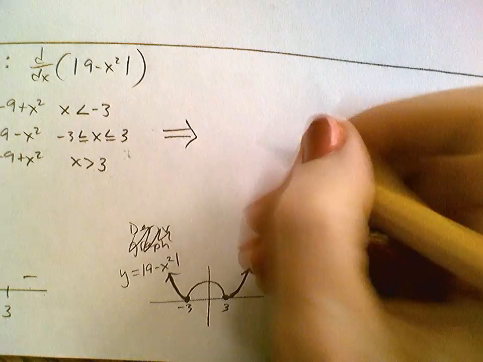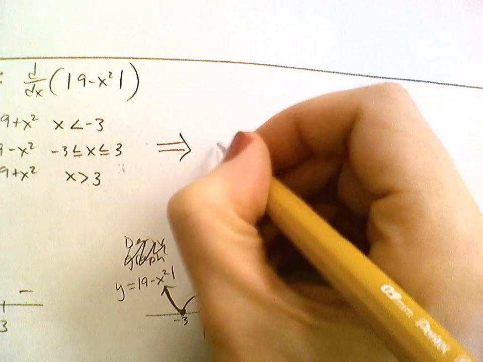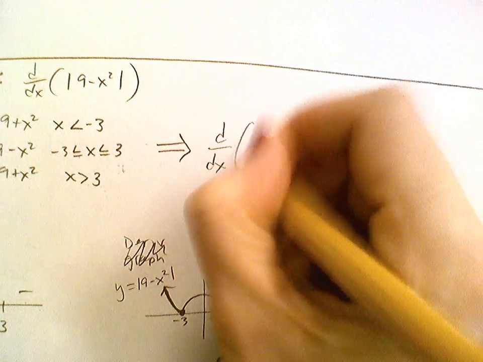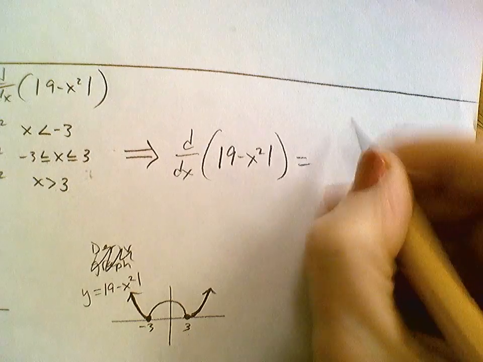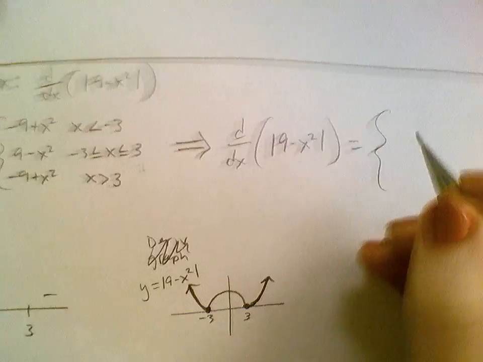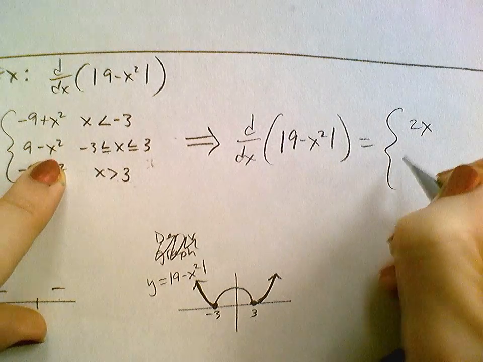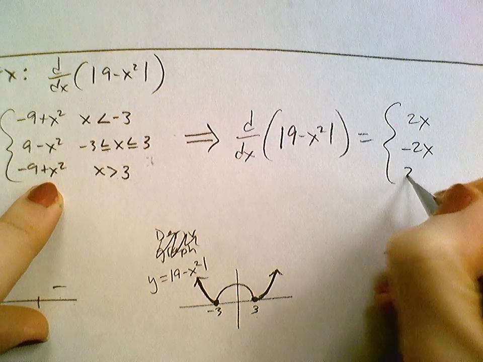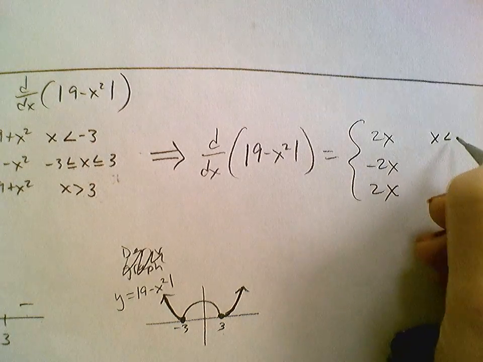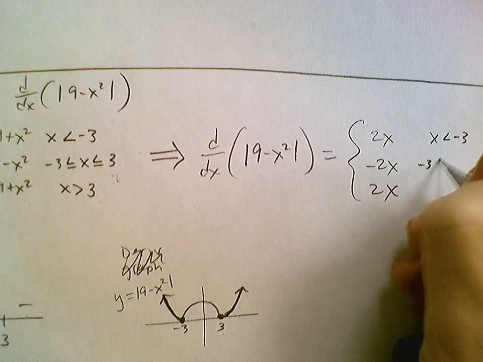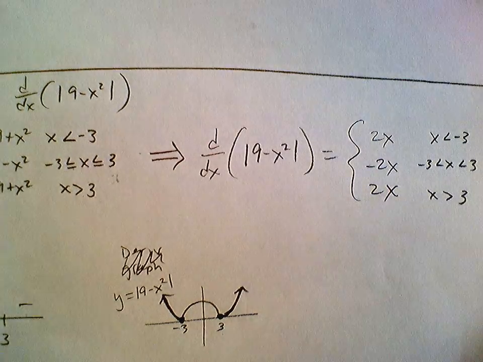So now we just take the derivative of each of these pieces. So d/dx of the absolute value of 9 minus x squared equals: the derivative of this is 2x, the derivative of this is -2x, the derivative of this is 2x, and now we just got to do the intervals for x less than -3, and then for x greater than 3.